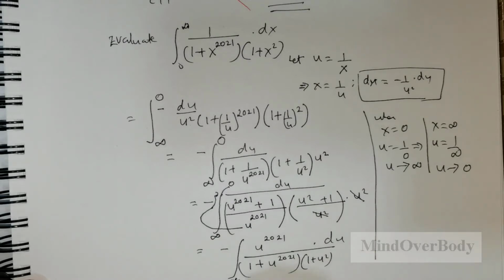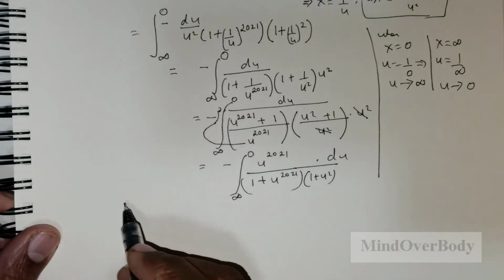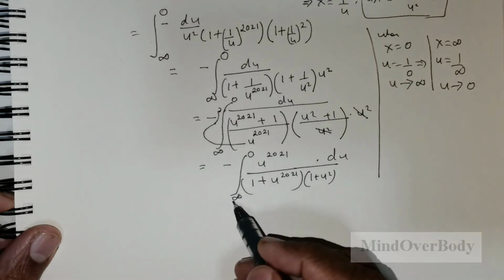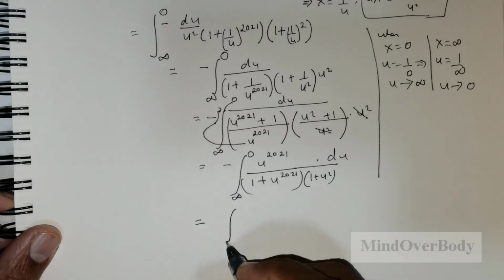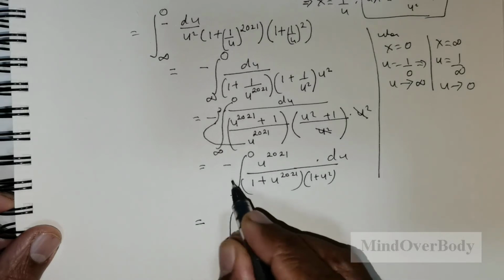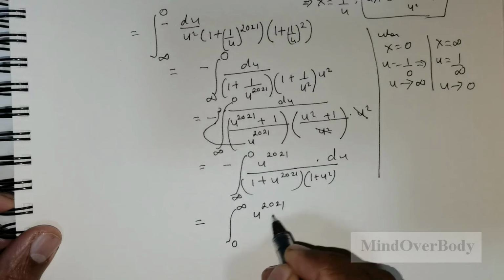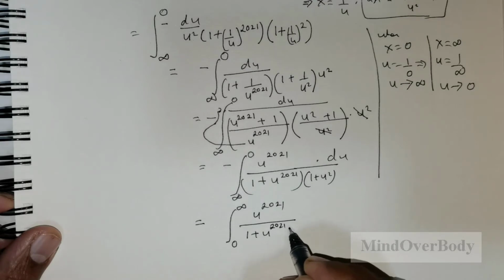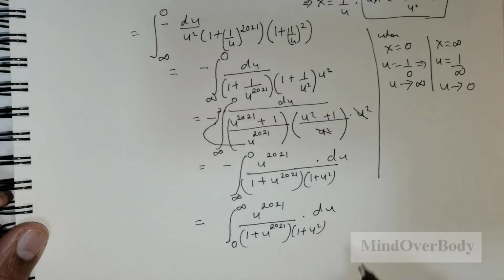Now I've got infinity to 0 with a negative sign. We know from the concept of integration that if I flip the limits, the sign gets changed. So when I do that, I would get 0 to infinity and the negative sign would be lost, giving me the integral from 0 to infinity of u^2021 divided by (1 + u^2021) times (1 + u^2) du.